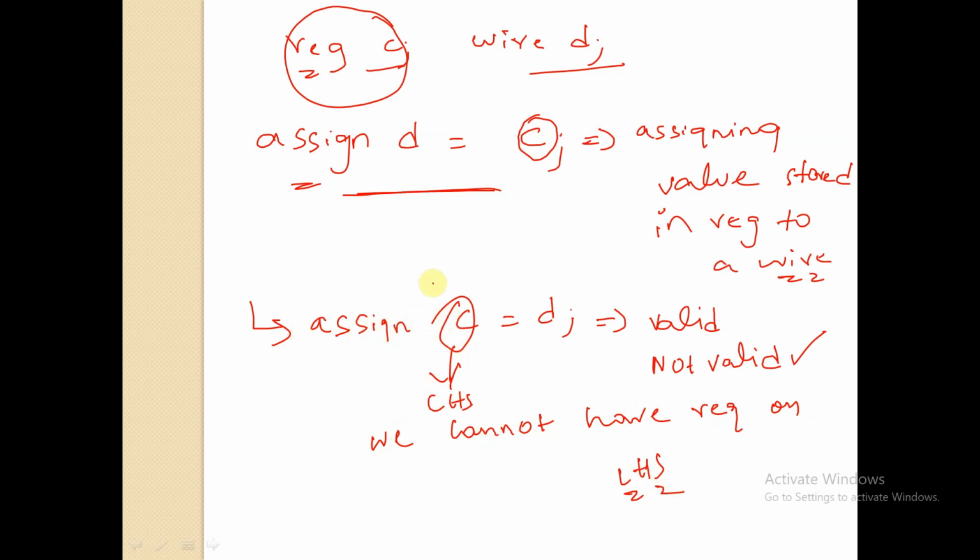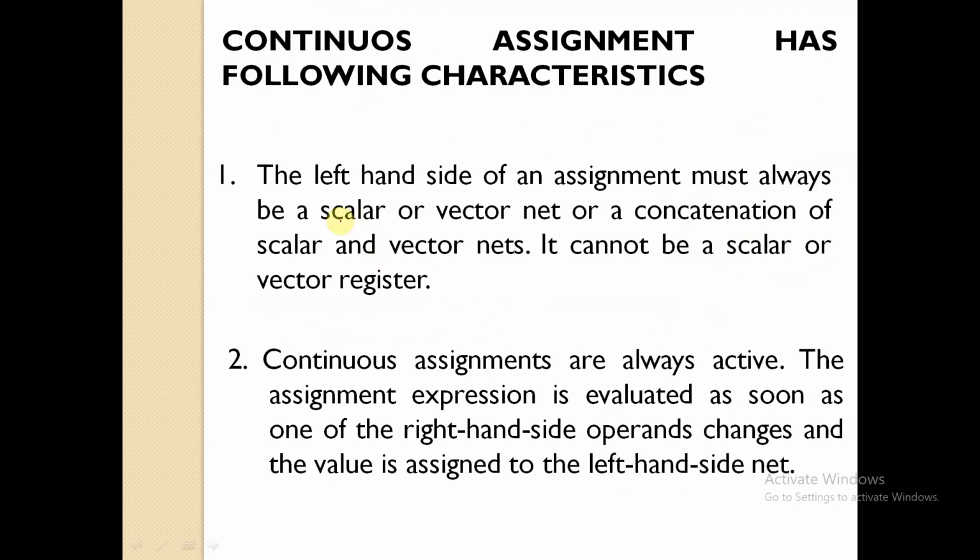We can only use wires; we cannot use reg. We can only use the net data type on the left hand side. We can only store the value into the nets, not in the regs. This is the point I wanted to discuss.